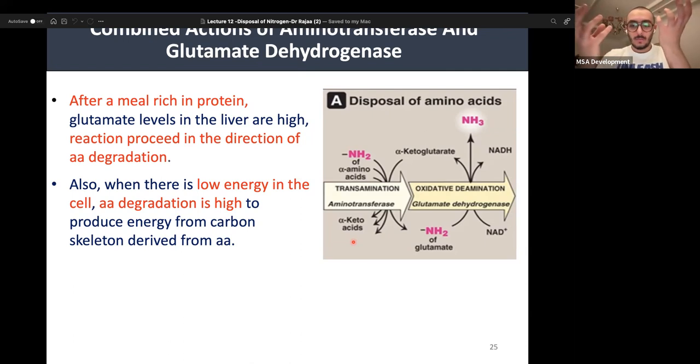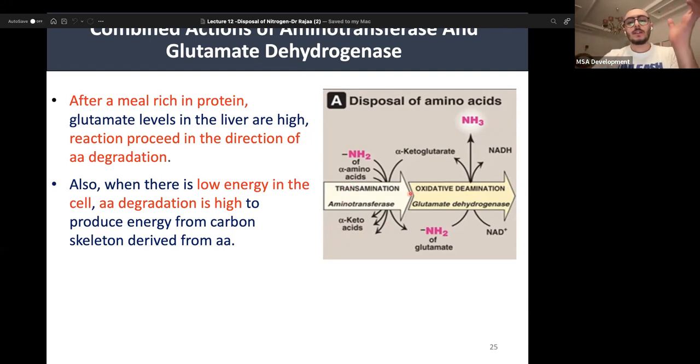The ammonium will be added to glutamate, which will carry on to the next process, oxidative deamination, in which the ammonium will be removed from glutamate and excreted through the urea cycle. The other product is the alpha keto acid, which can be pyruvate or oxaloacetate, which are both energy intermediates that your body can deal with.